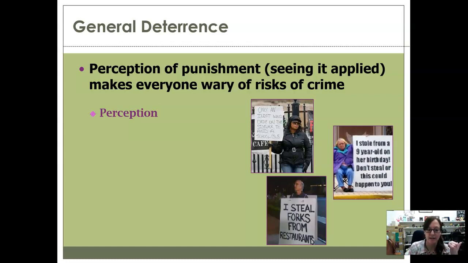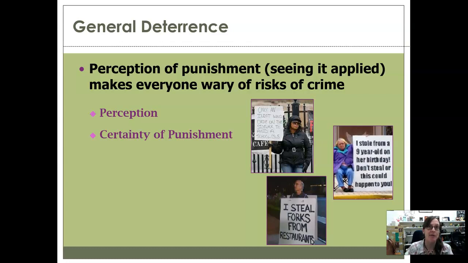So that's severity of punishment, certainty of punishment, and celerity, or swiftness. We want the certainty of punishment, where, from a general deterrent perspective, we want the probability of arrest and of punishment to be high, or at least that's the perception. We want people to think that the probability is high regardless of what the probability actually is.